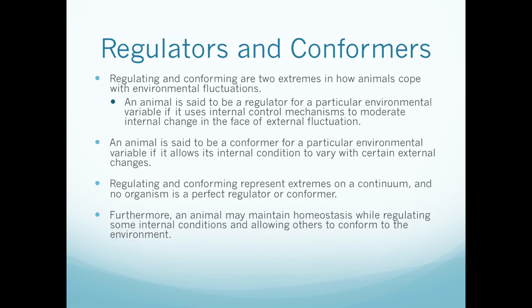So if you're a fish and you're in a lake and the lake water gets heated at different times of the day, then you'd have to swim around to the different temperature water to conform, so that the energy of the system, obviously, since you're an ectotherm, is going to help your metabolism heat you up or cool you down. Okay, so no organism is a perfect regulator or a perfect conformer. Even an endotherm like us, if we get too hot, if we're outside, maybe we would sit in the shade and cool down.